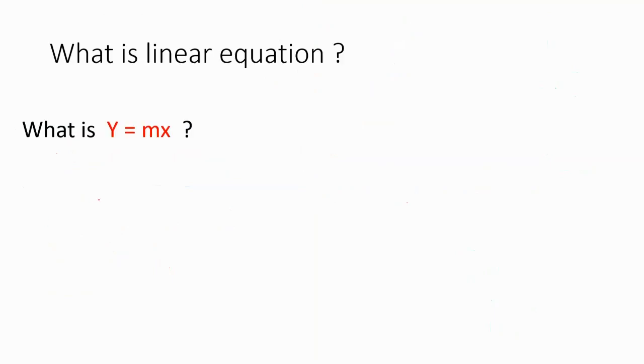So what is y is equal to mx? If we take the previous example, the way we defined the values of a and b, let's consider the plot came as a straight line. So for a value of 1, the value of b equals 2.